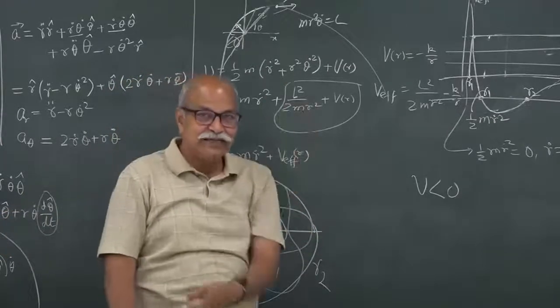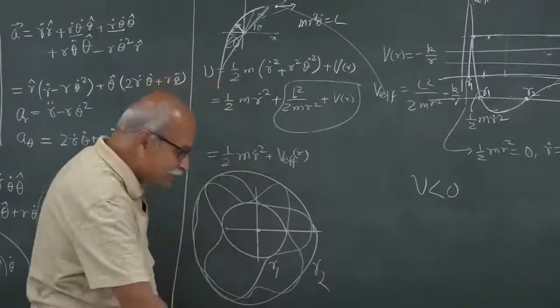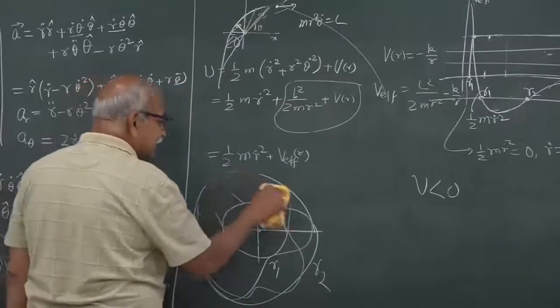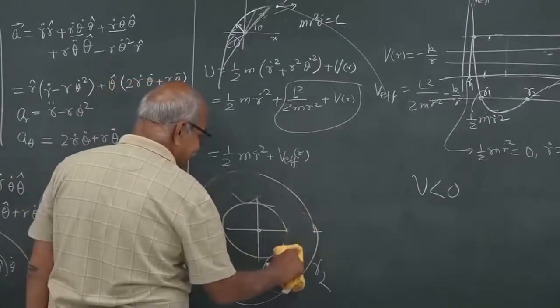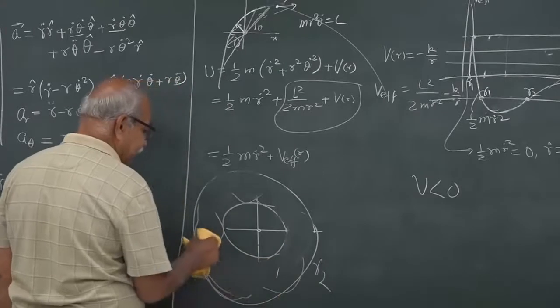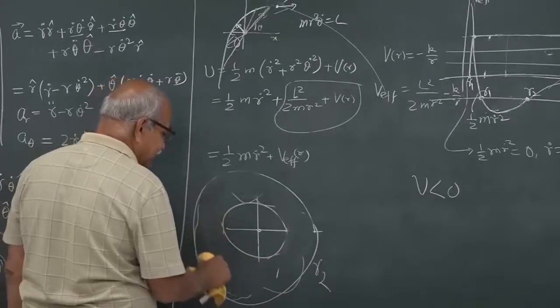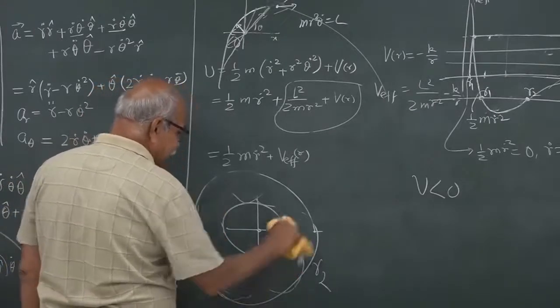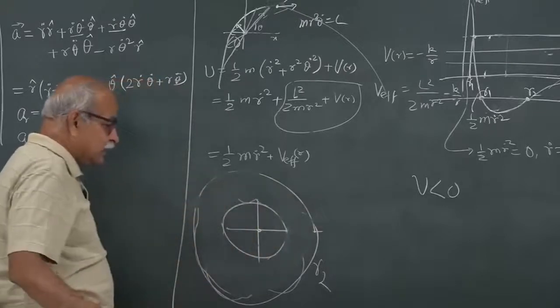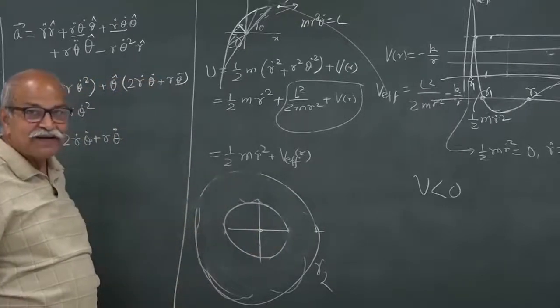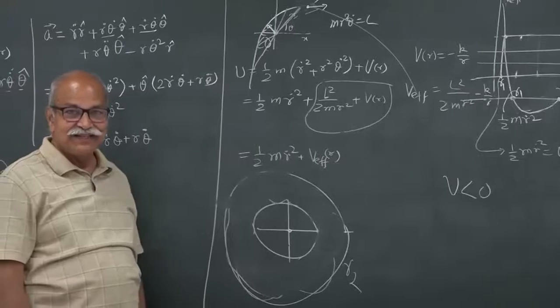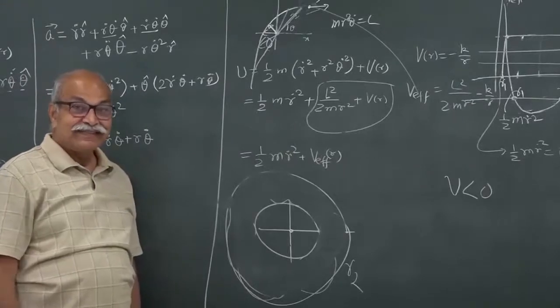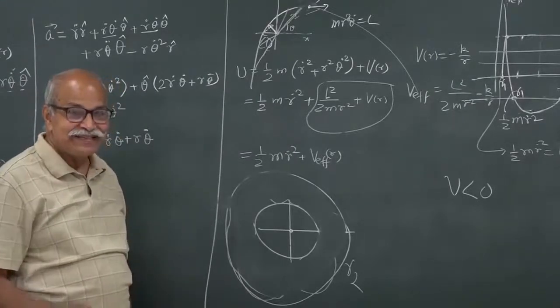I will just tell you the steps, that the path is an ellipse. Remember, a circle is a special case of an ellipse. If u is less than 0, the path of the particle under an inverse square attractive force is an ellipse.